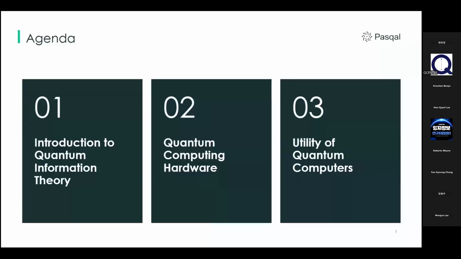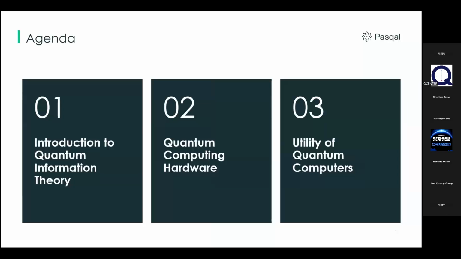The first and really the introductory part is going to be about quantum information theory. So really to introduce the main concepts of how information is different, how information works on a quantum level, what it means for a quantum computer to carry out these computational tasks.